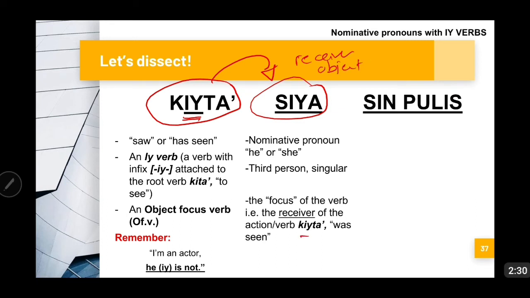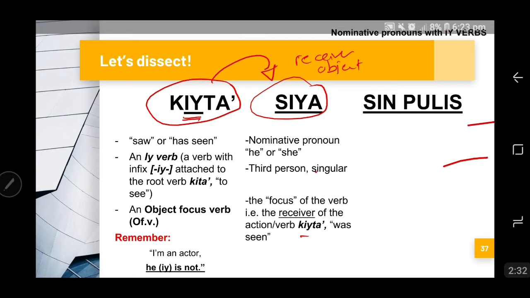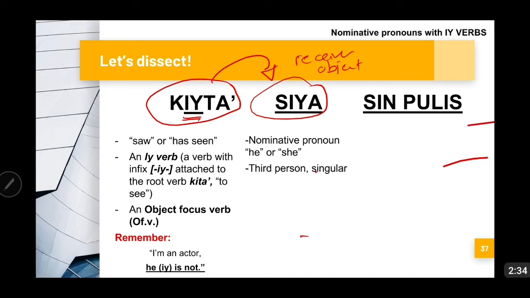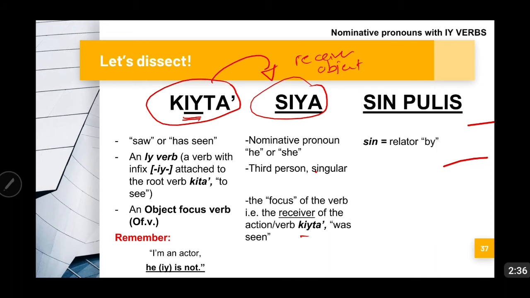And we have sin police. Sin is a relator meaning by, and police is a noun, a policeman. Therefore, it is the actor, because it's the remaining person here. It is the actor of the verb kita. So the police saw him, or it was him who was seen by the police.